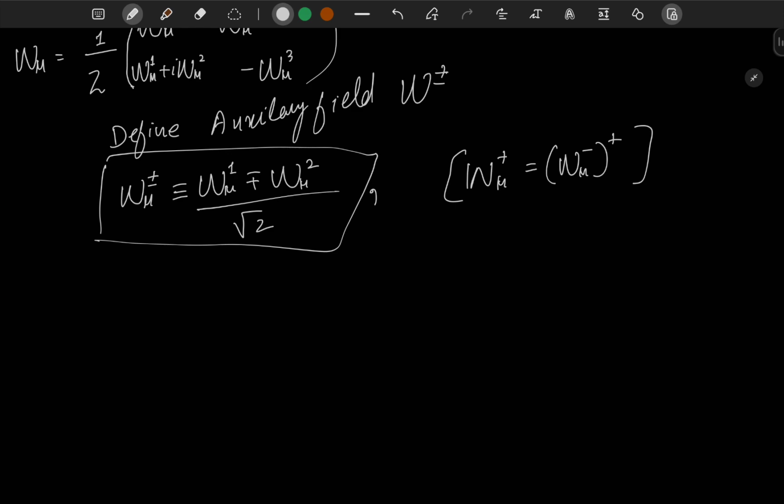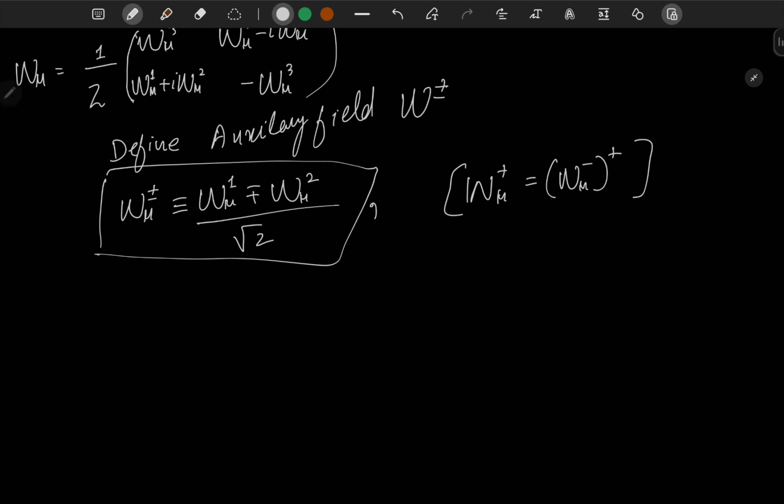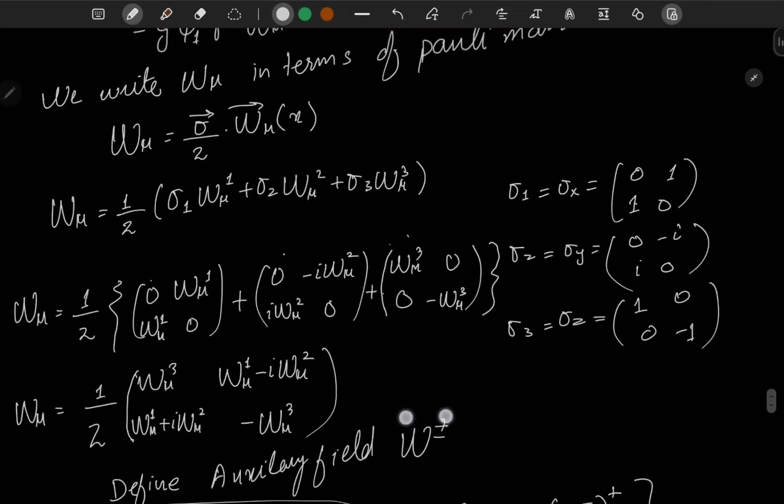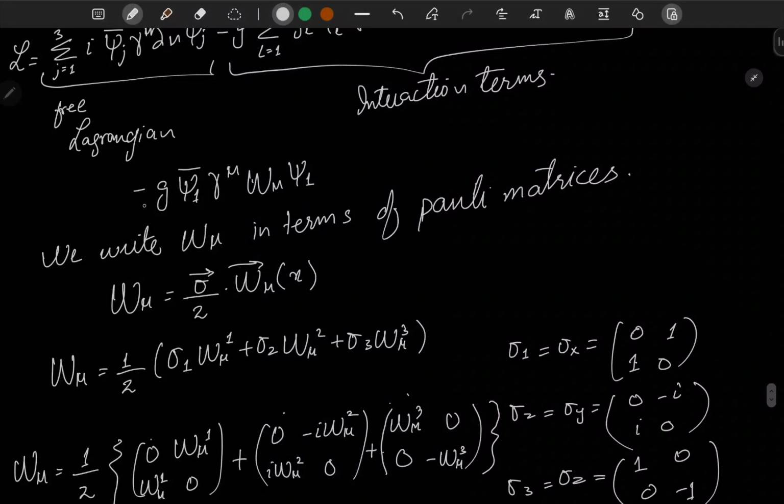Okay, we are getting closer and closer. Now that we have defined the auxiliary field W plus minus, let's go back to this term that we took outside.